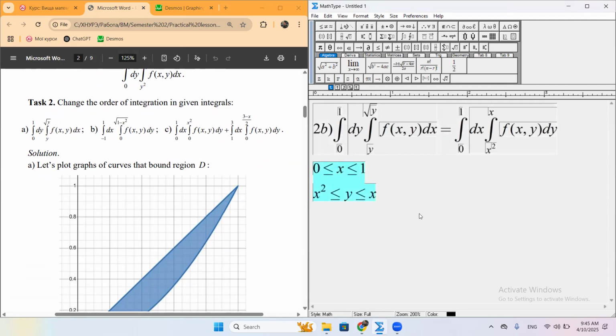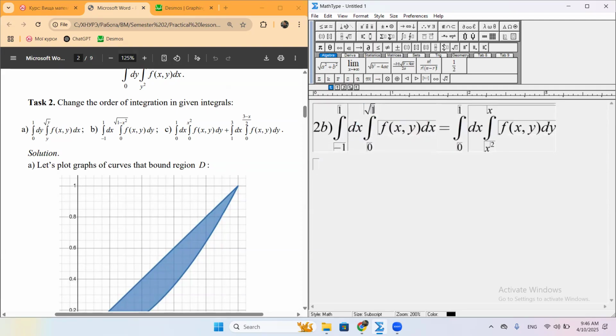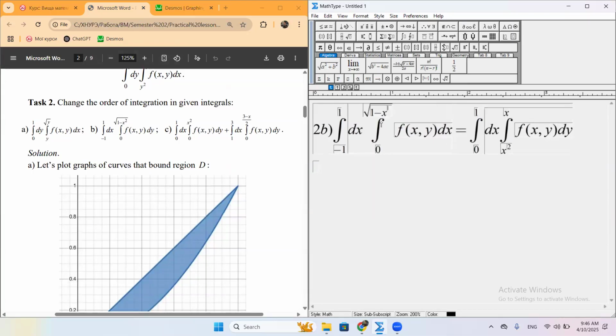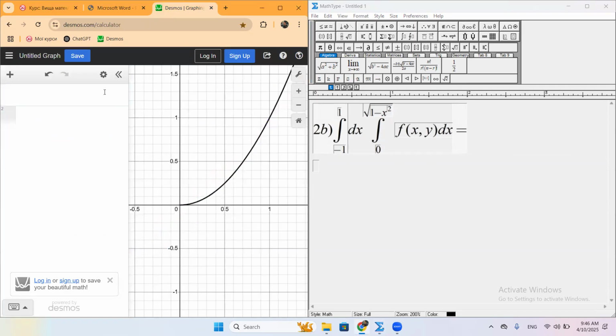The following integral has limits from -1 to 1 for x, and for y, y has values from 0 to the square root of 1 minus x squared. So actually this is a semicircle.